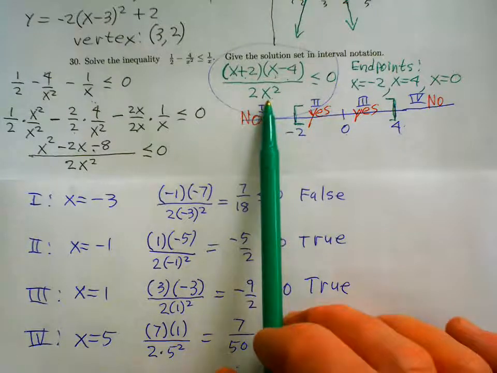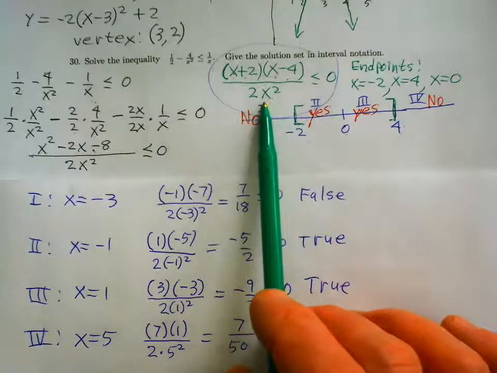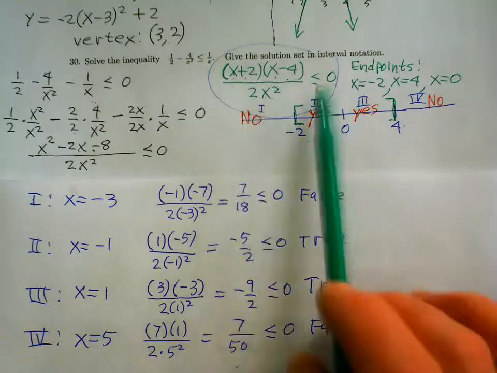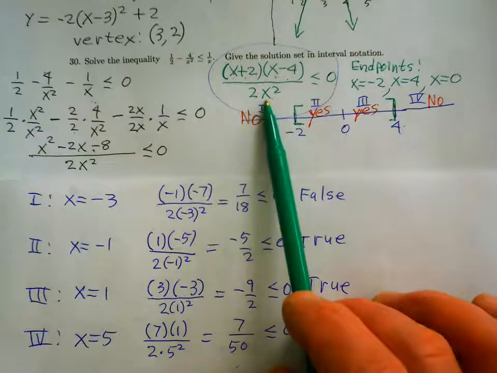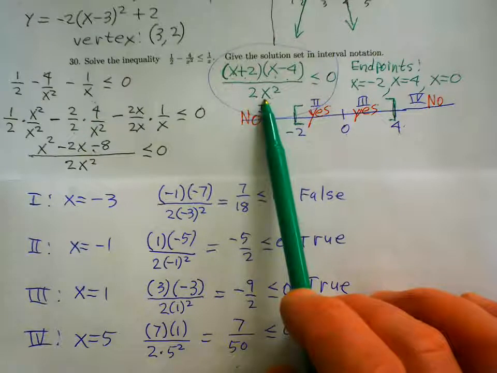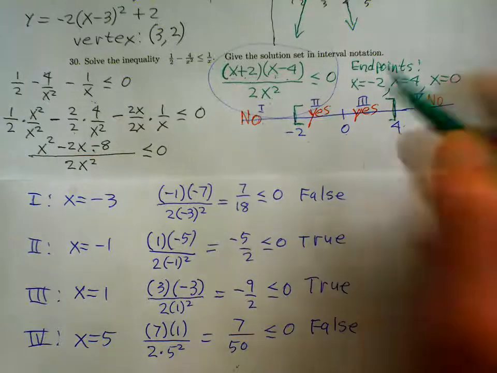But any endpoint that comes from a denominator is never, ever included. It doesn't matter what the inequality is. Division by 0 is undefined, so we always exclude endpoints that come from denominators.